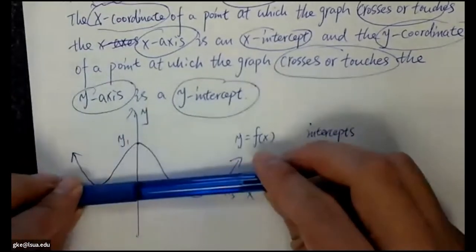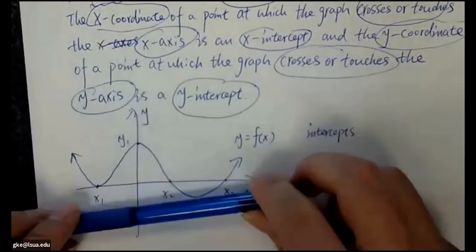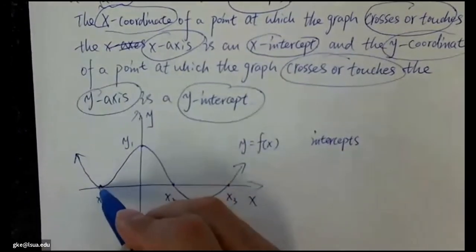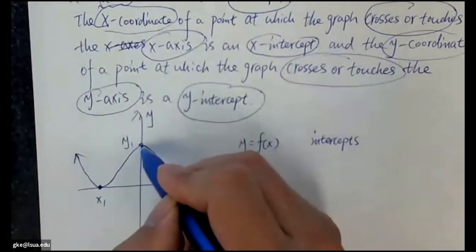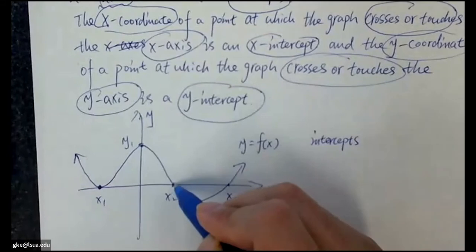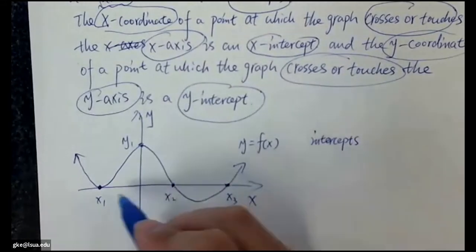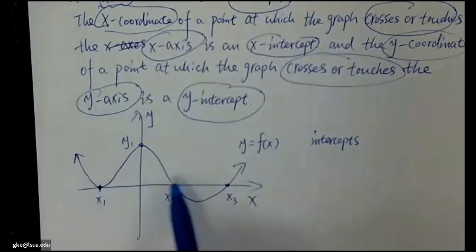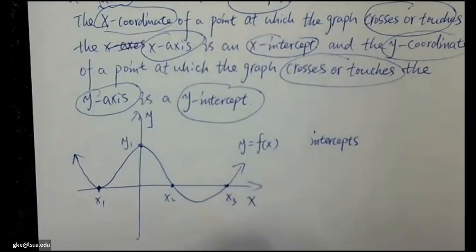How many points touch or cross over these two axes? We can find this guy, this guy crosses over the y-axis, this guy crosses over, and this guy touches the x-axis, right? So the idea is very simple.